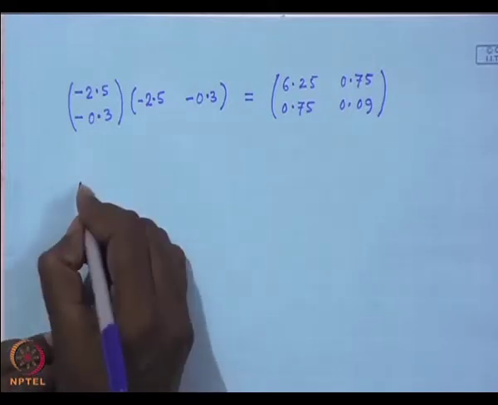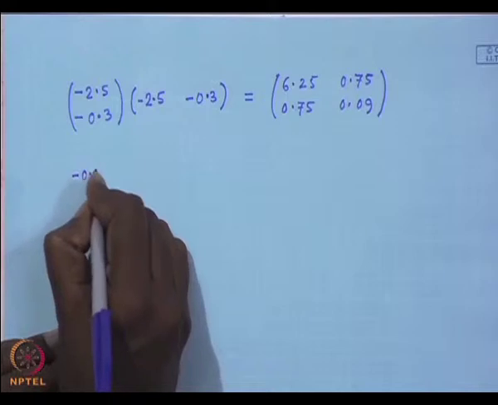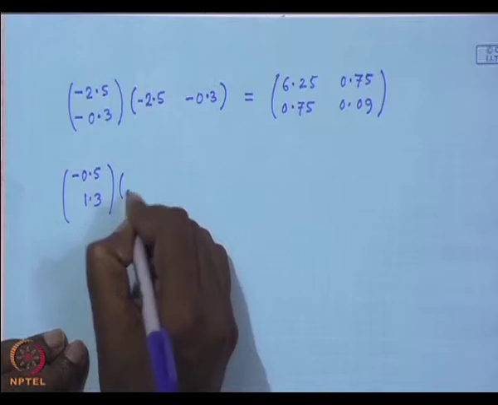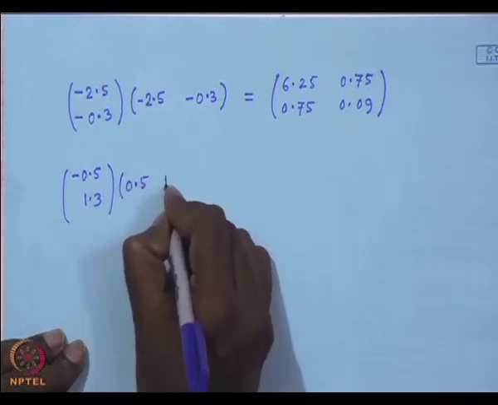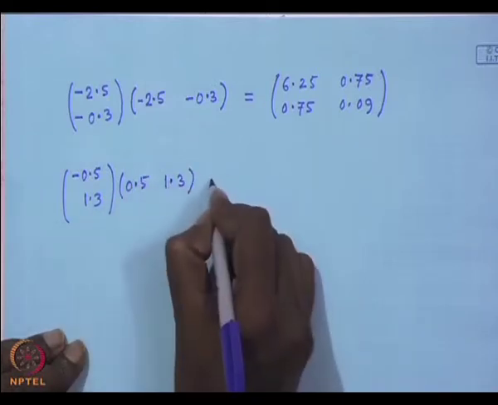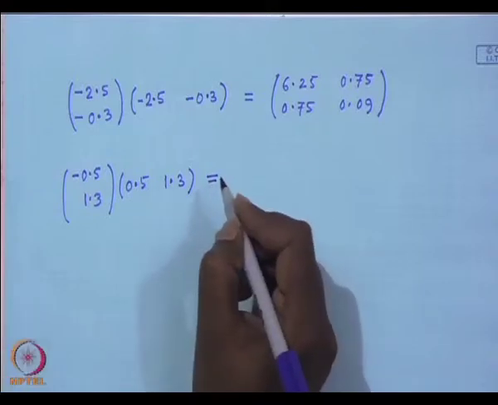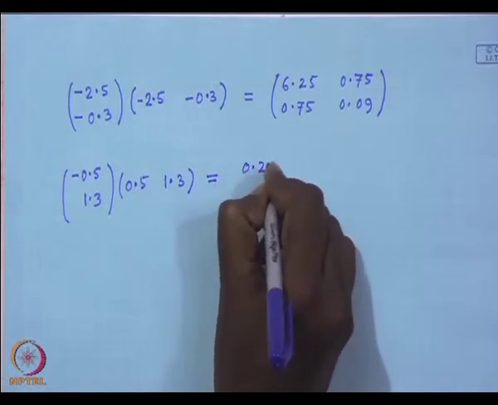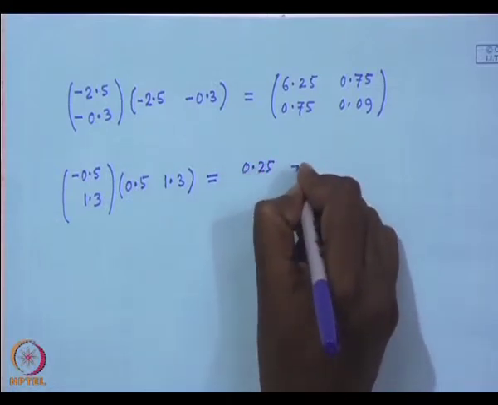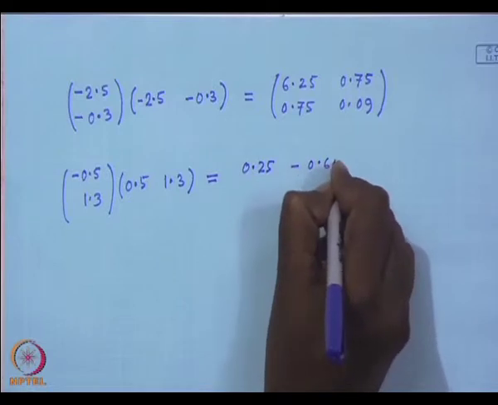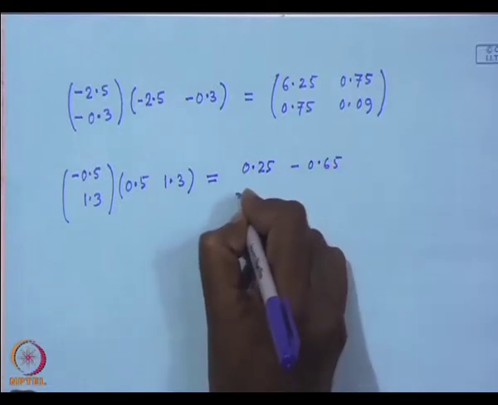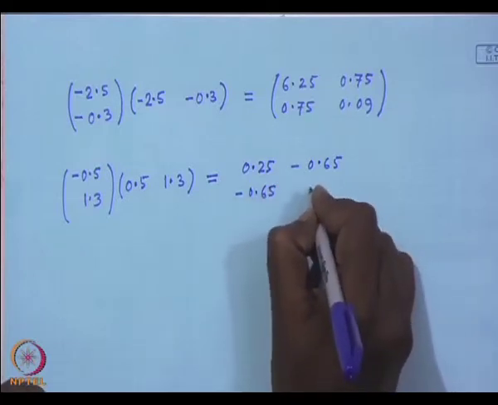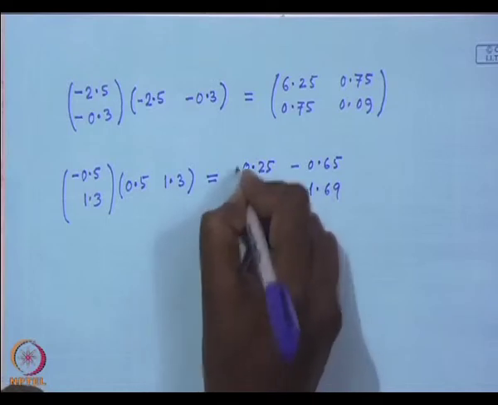Similarly, for the second one, which is minus 0.5, 1.3, and the row vector minus 0.5, 1.3, when I do this multiplication, this matrix would be 0.25, minus 0.65, minus 0.65, and this one will be 1.69.